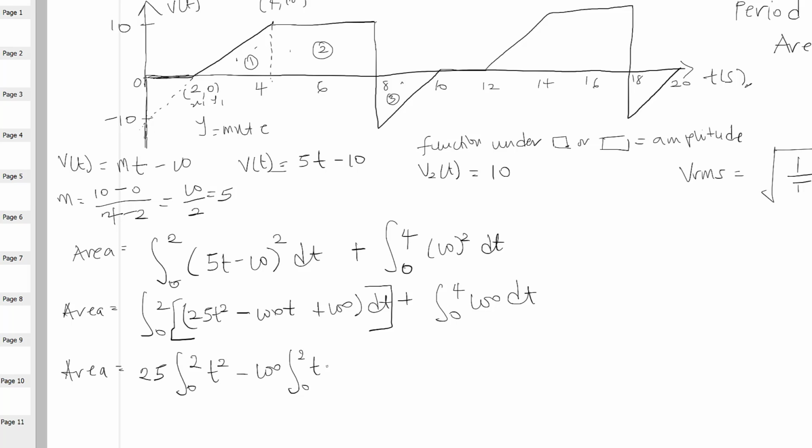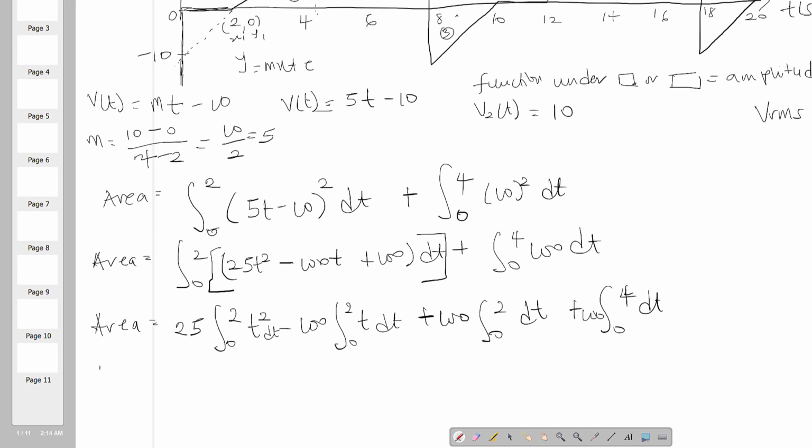We have just t here, and I'll have plus 100 here, integrated from 0 to 2, dt, and the last one will be from 0 to 4 for dt over here, and I'll bring the 100 out.